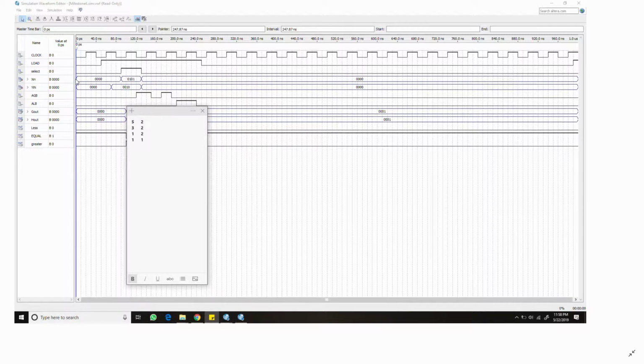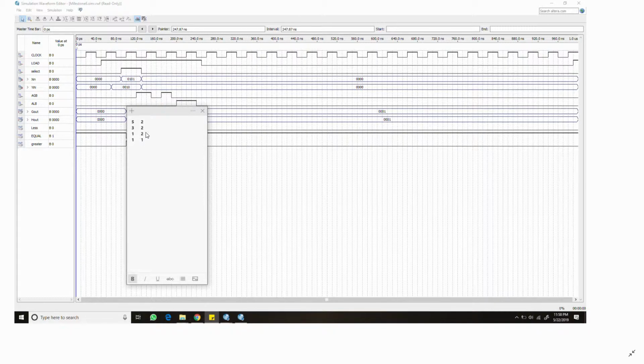This is the output waveform for the data path. We use two inputs, 5 and 2. A is greater than B, so the new A will be A minus B, which is 3, and B is unchanged. For the next cycle, A is still greater than B, so it's A minus B, so the new A is 1, and B stays unchanged.